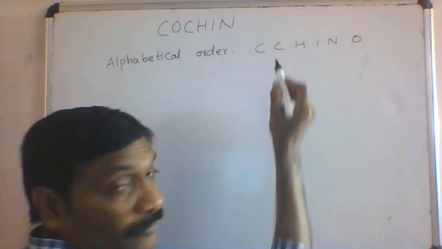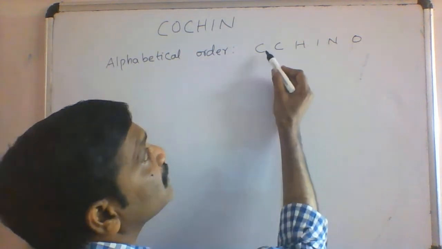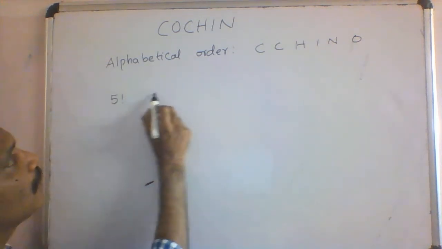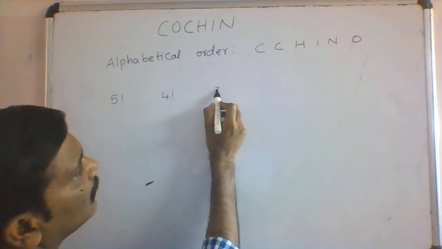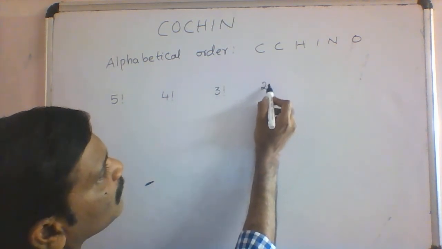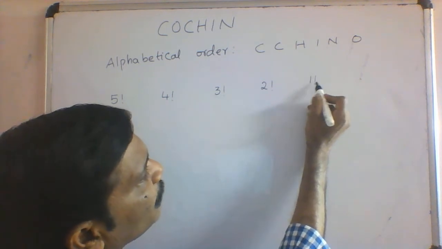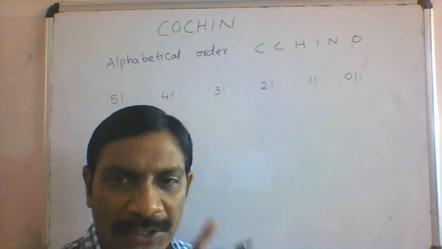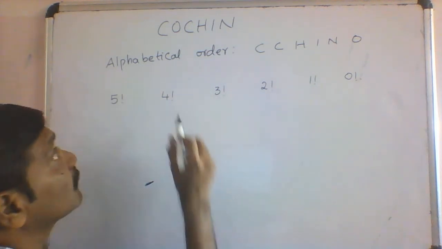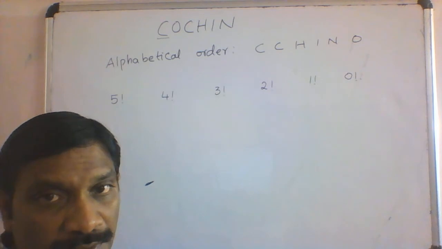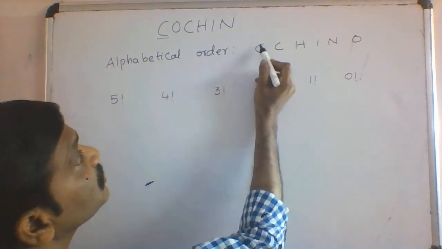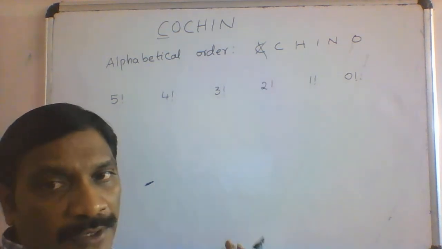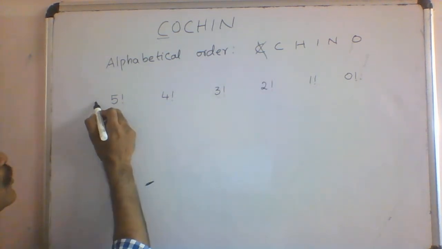Now, what we have to do? Count the number of letters, 6. So we have to start with 5 factorial, then 4 factorial, 3 factorial, 2 factorial, 1 factorial, 0 factorial. What is the first required letter? C. Underline it and see where C is there. C is here. Before C, no letter is there, so put 0.